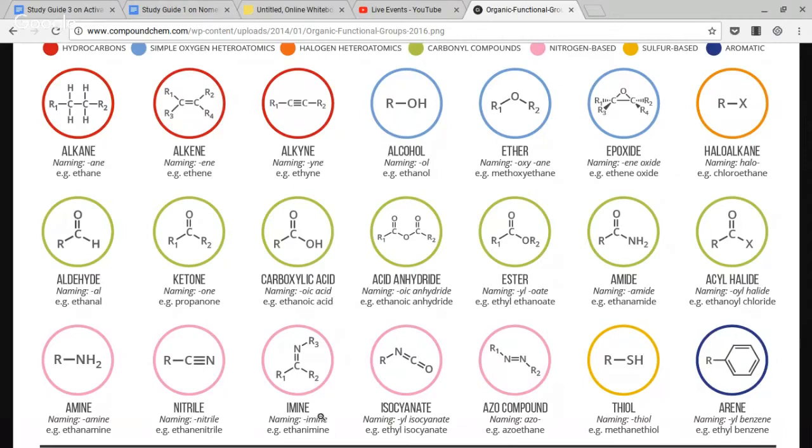Imine, I told you that you can skip imine for the moment. This is much more complicated. It's a continuation to nitrile. Isocyanate, you can also skip that, and the azo compound. And of course, when you have thiol, this is the only sulfur containing functional group. Sulfur and then hydrogen. Then arene, anything that has a benzene ring belongs to the arene functional group.